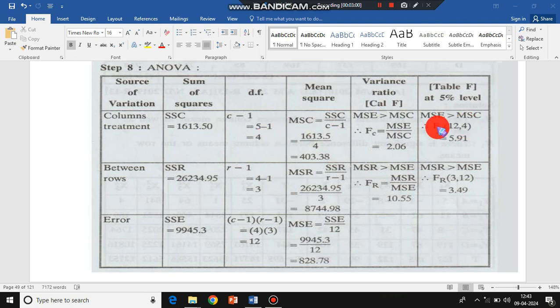I repeat, the numerator's degrees of freedom is written first, and the denominator's in the second place. Here MSC is in the denominator, so its degrees of freedom, 4, you have to write here.